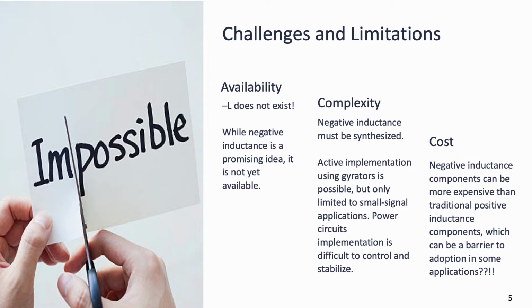It is only for small signal applications. Power circuit implementation has not been successful up to now. I'll come back to this point when we review the recent progresses later on. And finally, the cost is still very high. Even if we can design and fabricate it in active form, the high cost may present obstacle for adoption in applications.